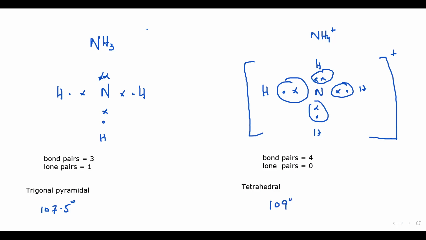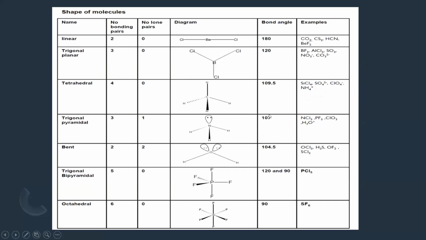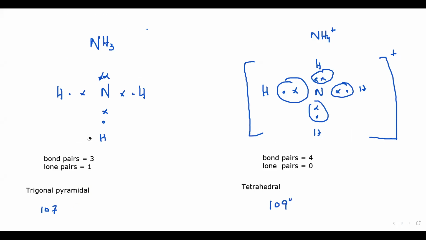As you can see, when it is tetrahedral it is 109.5, and that was 107. Is it clear that as the number of bond pairs changes, the geometry of the molecule also changes?